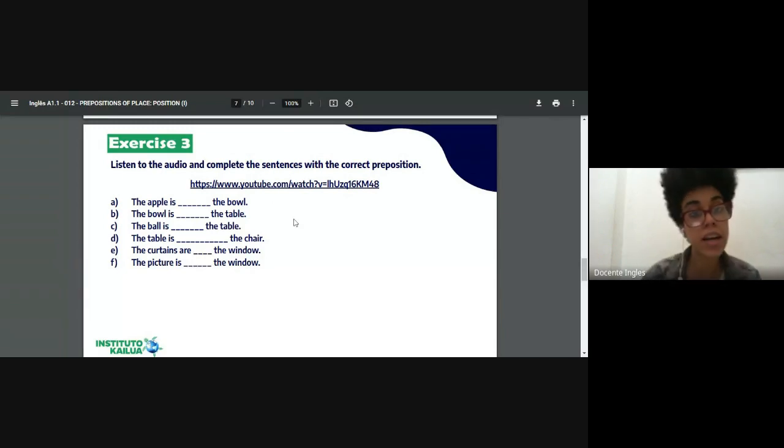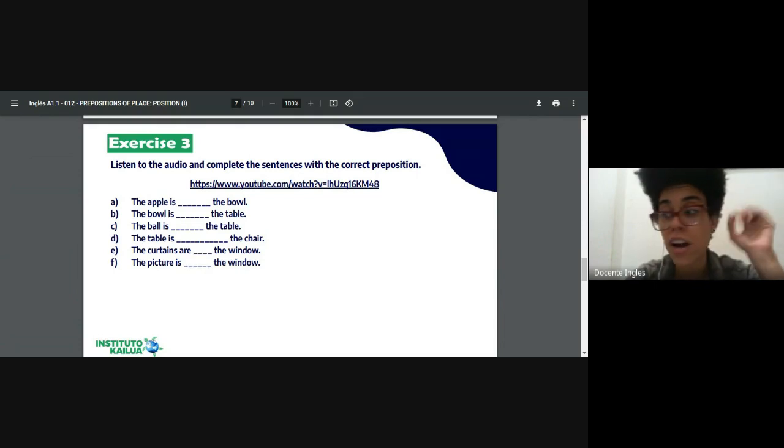So, letter A, the apple is, the bowl. B, the bowl is, the table. The ball is, the table. The table is, the chair. The curtains are, the window. All right.